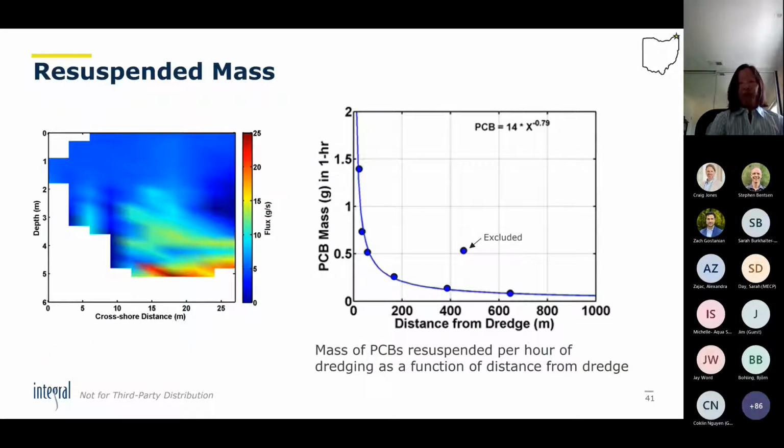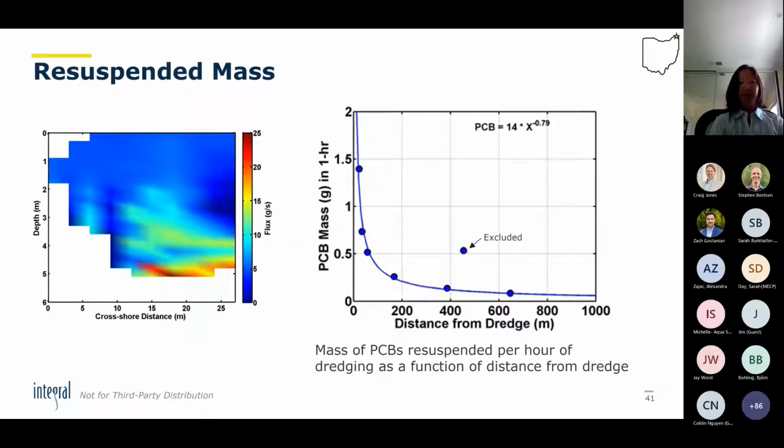So we computed flux of solids and PCBs for all transects in each group, where again, flux is the product of flow rate measured by the current meter and concentration, which we derive from optics-based empirical regressions between our discrete water samples and our in situ measurements of acoustic and optical backscatter.